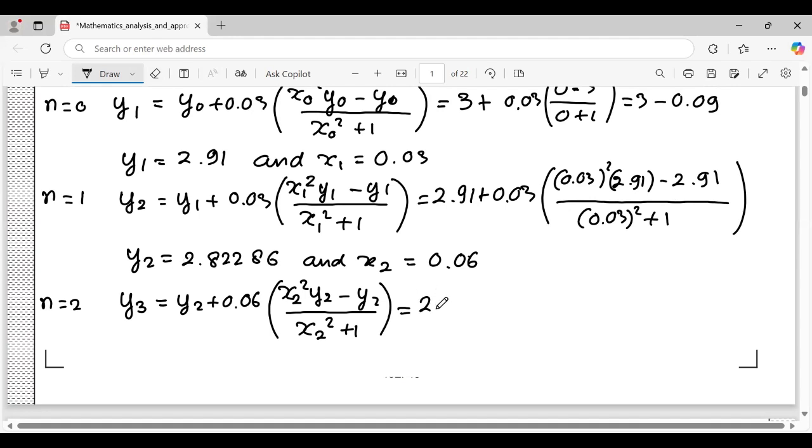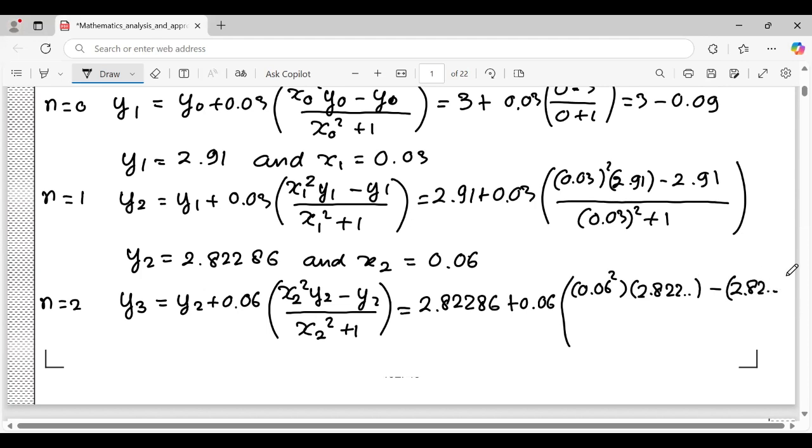Y2 is 2.82286 plus 0.06 times 0.06 squared times 2.82 on minus 2.82.